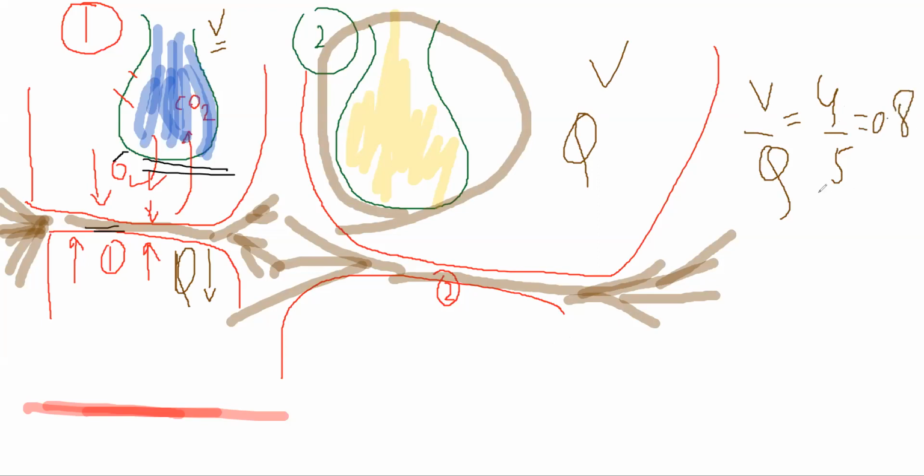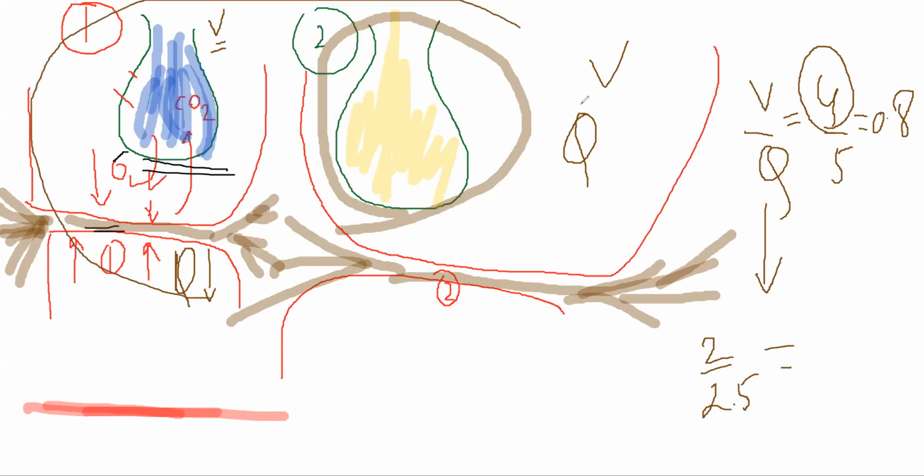Now, even if I maintain the same ratio, but both of them decrease, for example, if the ventilation becomes 2 liters and your perfusion becomes 2.5 liters, meaning I'm simply decreasing the amount of gas coming into a person by half, and decreasing the amount of blood coming to that spot by half. This is with respect to this spot, not all over the body.